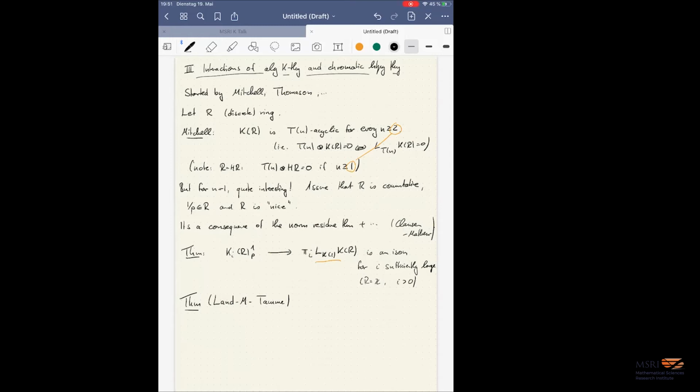So let's see. Let R → S be an n-connective map, which means that the lowest homotopy group of the fiber is in degree n, a morphism of connective ring spectra, that is an equivalence in T(0) to T(n) homology.